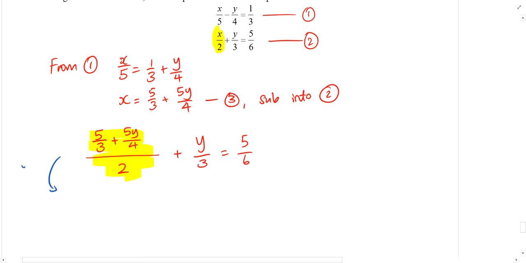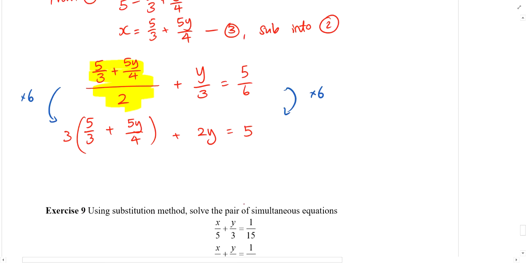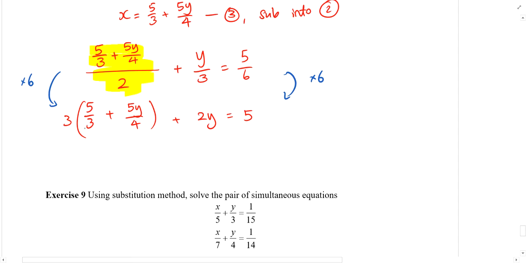So here, times 6, and this side, times 6. So I get 5 over 3 plus 5y over 4, multiplied by 3, plus 2y equals 5. So 5 plus 15y over 4 plus 2y equals 5.